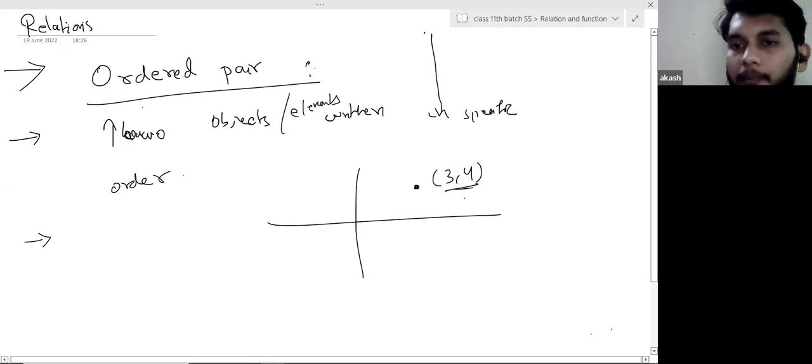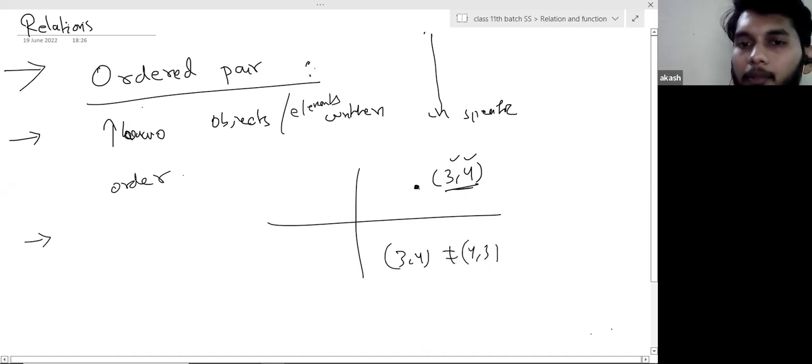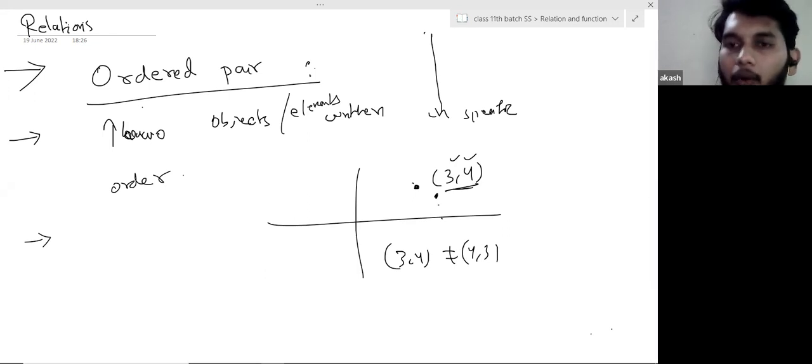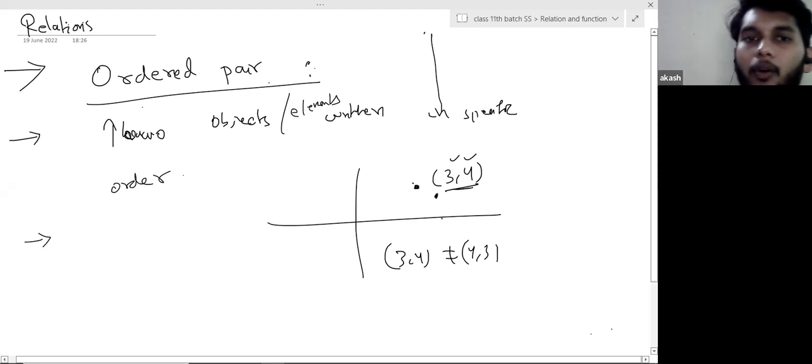This is an ordered pair. Ordered pair is nothing but two objects written in specific order, where order matters. 3,4 is not equal to 4,3, because 3,4 is this point and 4,3 will be here. So these are two different points. Whenever we write two elements where the order also matters, that is called an ordered pair.